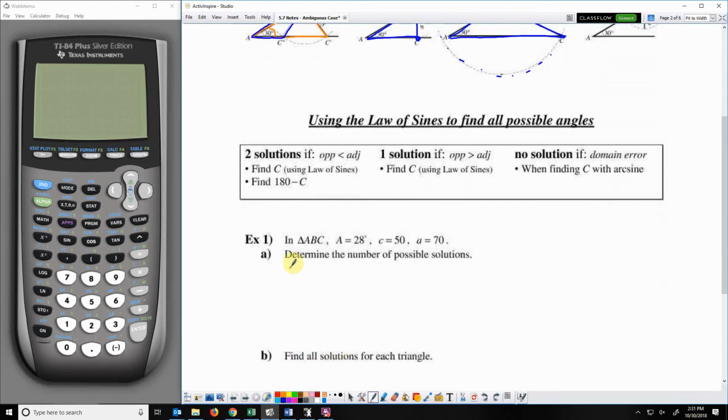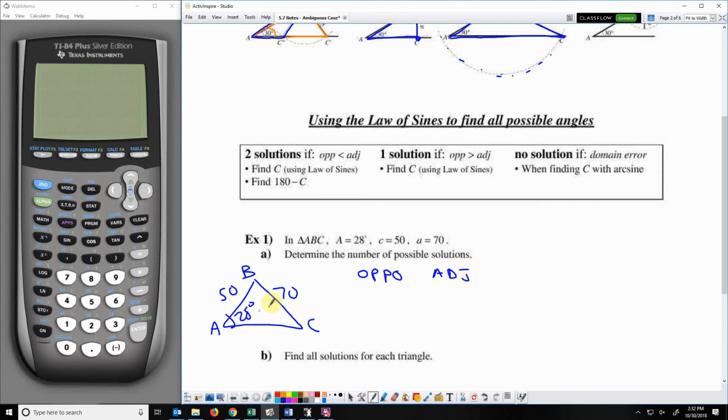So in example 1, we have to find out how many possible solutions there are for this triangle, ABC, when A is 28 degrees, side C is 50, and side A is 70. So here's how you tell. We're going to compare from this 28 degree angle, the opposite compared to the adjacent.